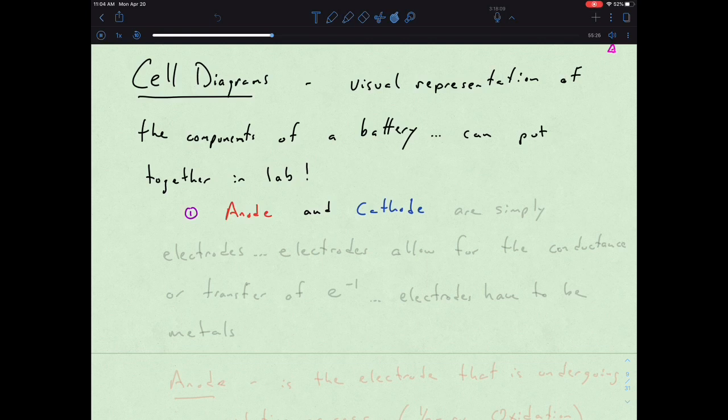The anode and the cathode are simply what we call electrodes.